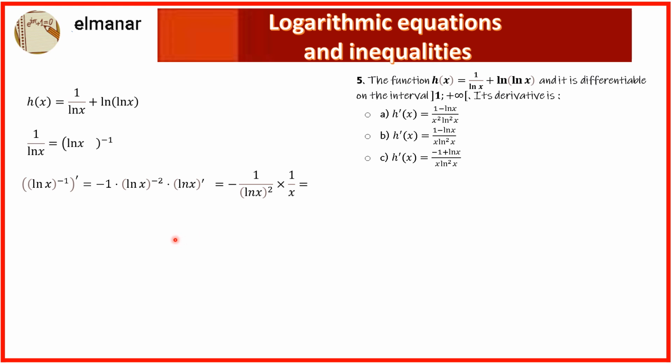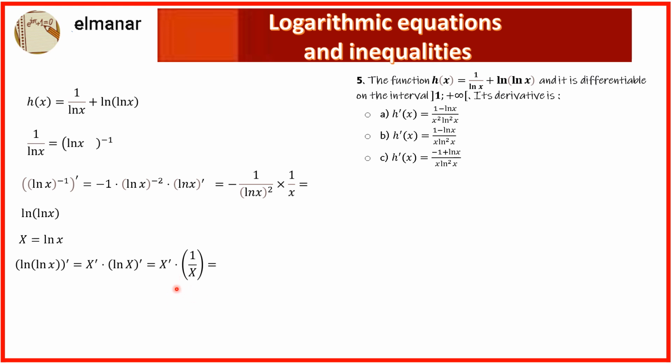Now, let us take the natural log of the natural log of x. We change the variable. We set the natural log of x equal to capital X. The derivative of the natural log of the natural log of x is equal to the derivative of what is inside, meaning capital X prime, multiplied by the derivative of the natural log of capital X, which is 1 divided by capital X. And what does that become?